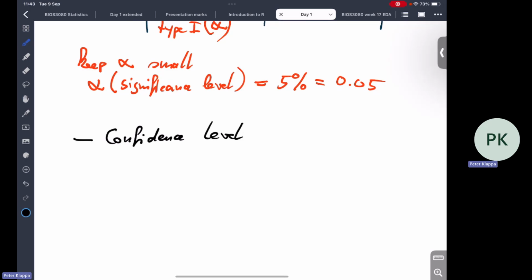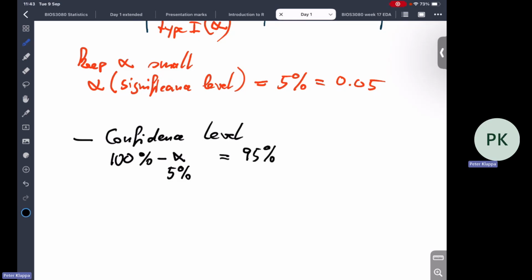The confidence level is actually 100% minus alpha. So in this case, if we set alpha to 5%, our confidence level would be 95%.